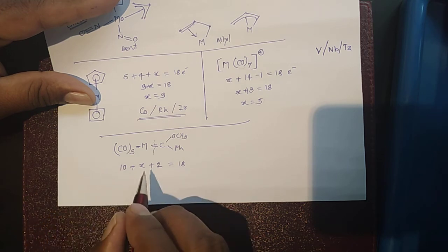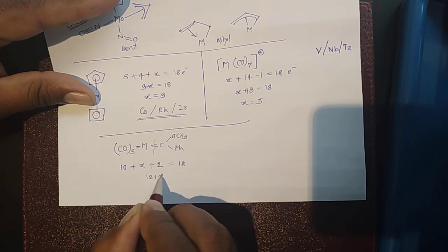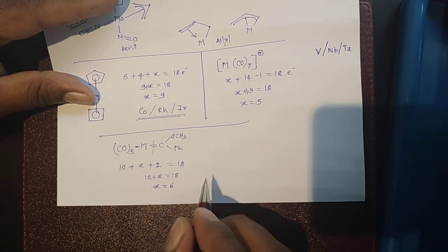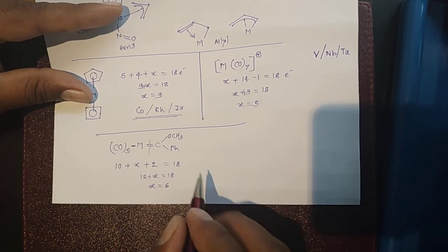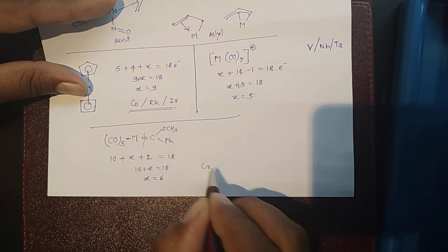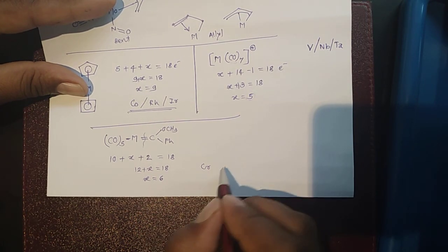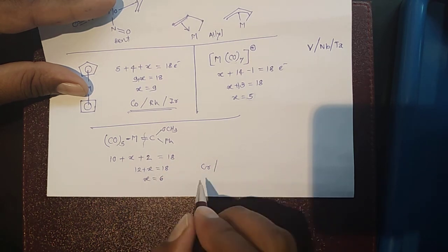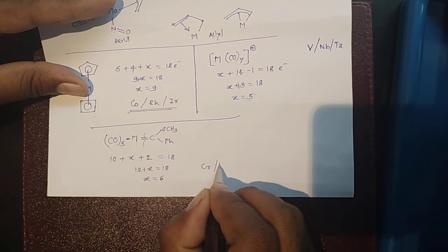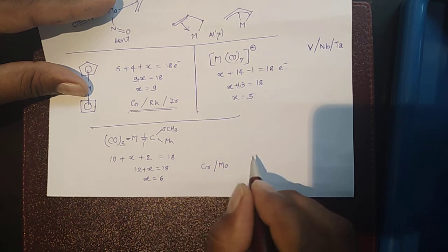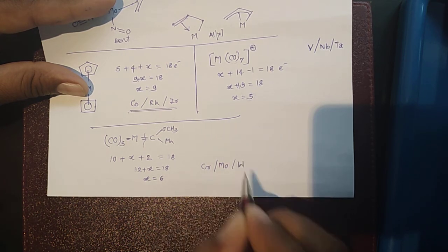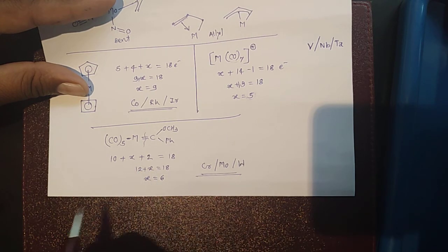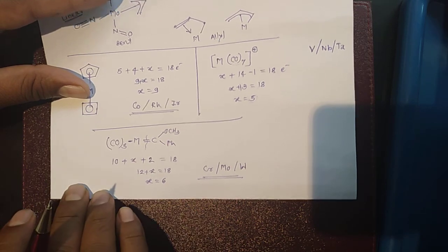So 12 plus X is equal to 18, X is equal to 6. So which metal will be there? Sure, chromium, which we have already written somewhere, or molybdenum, or tungsten. So out of these 3 any one metal is there.